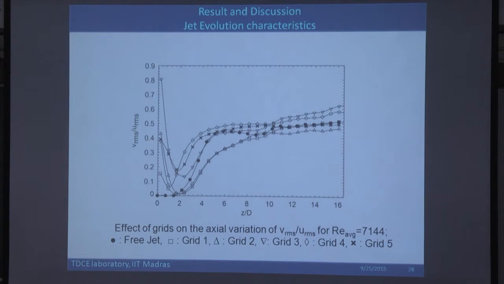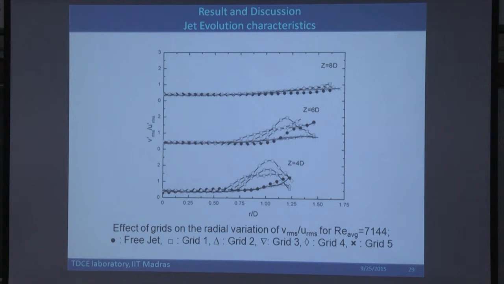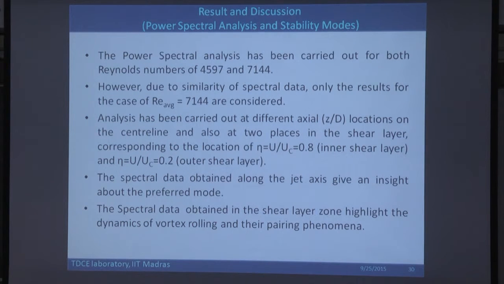So you have to go something like 40D or 80D to get the isotropy in a jet. In the radial direction also, the isotropy is achieved only in the shear layer, not in the central region. So what we are trying to say is, essentially the jet which we have is highly anisotropic. We don't know the homogeneity, but it's highly anisotropic.